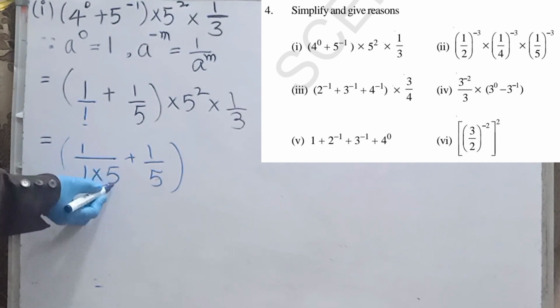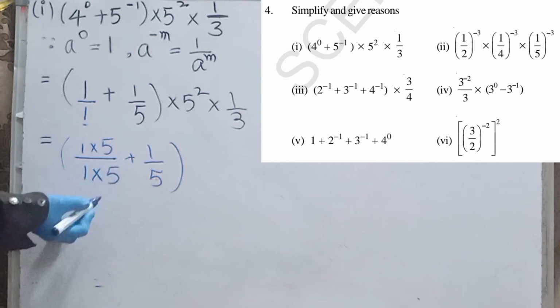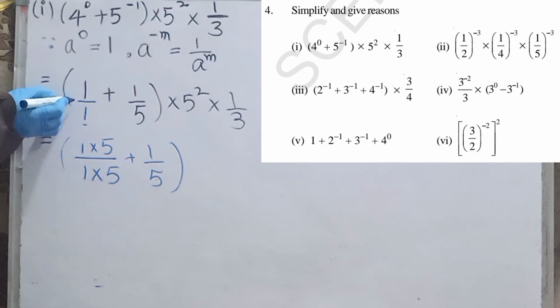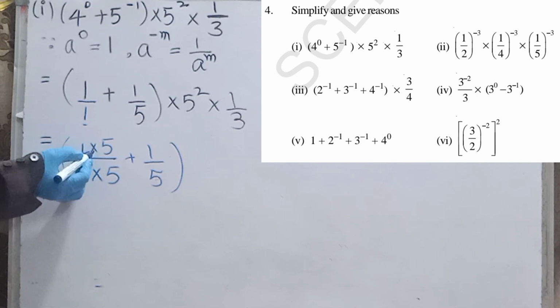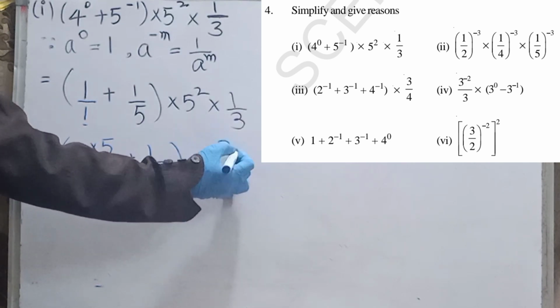If I multiply the denominator, then the same thing should be multiplied in the numerator also. This is the rule for a fraction, so that the value of the number doesn't change. So now it became 5. This also became 5. The remaining question we write as it is here.